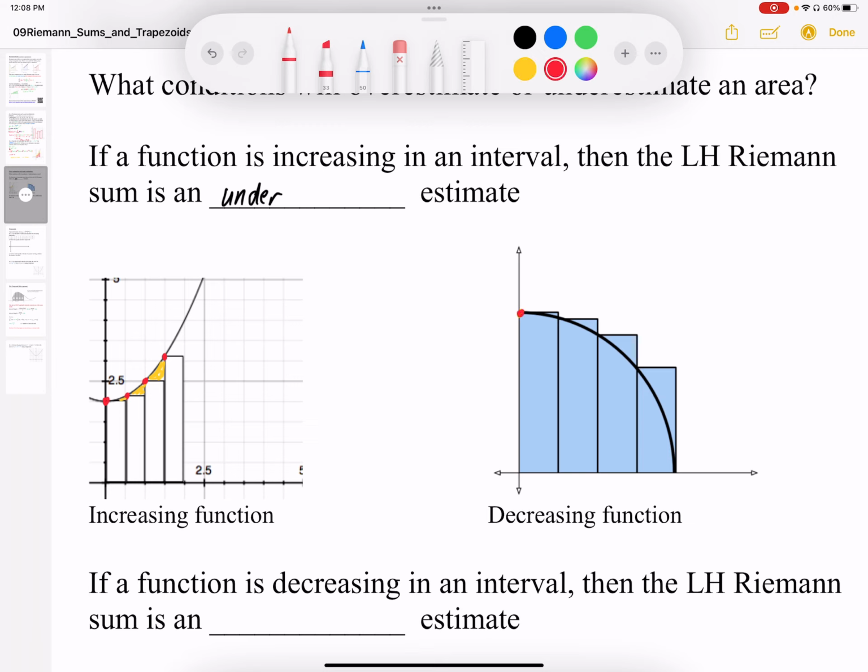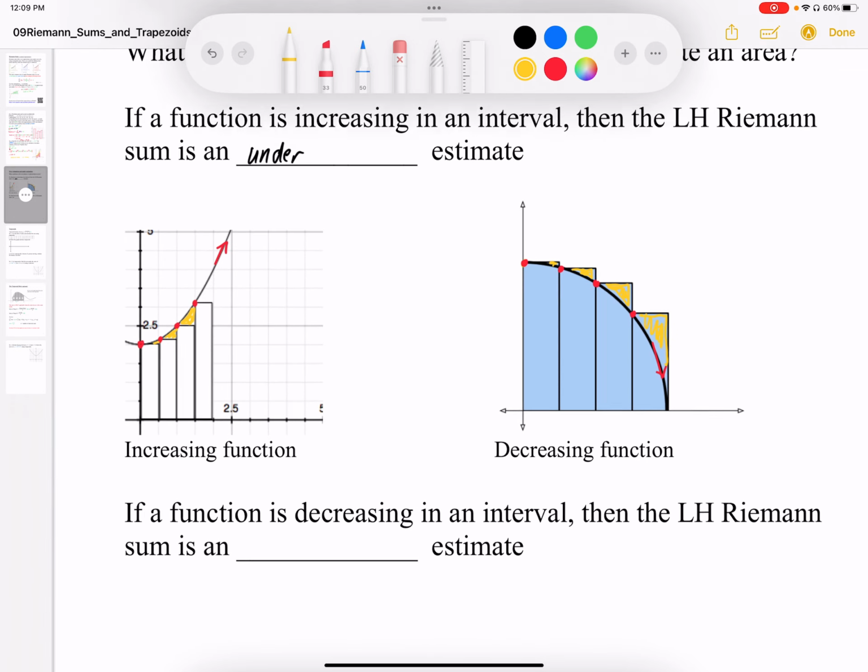Notice the rectangular height is determined by the left edge, but the function now is decreasing versus increasing. The Riemann sums become an overestimate, and you can see that the area in the rectangles is just a little too much. There's too much space above the curve. So this becomes an overestimate.